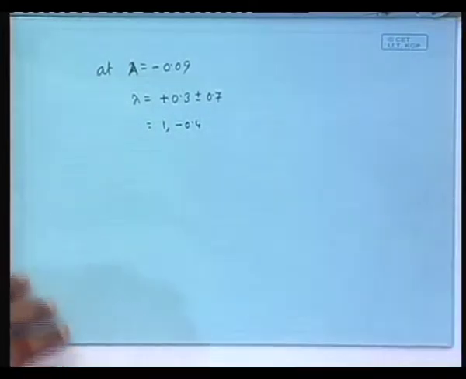Okay. So, this is the point that I was trying to drive at. You see, at that value, one of the eigenvalues is exactly 1. So, does that answer your question now, Manjul?